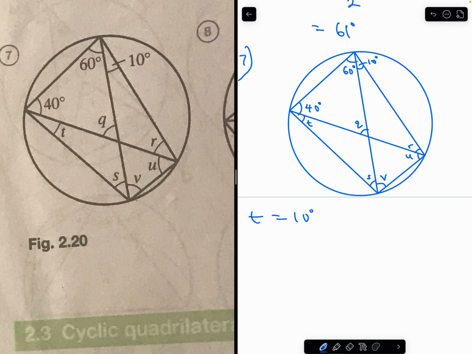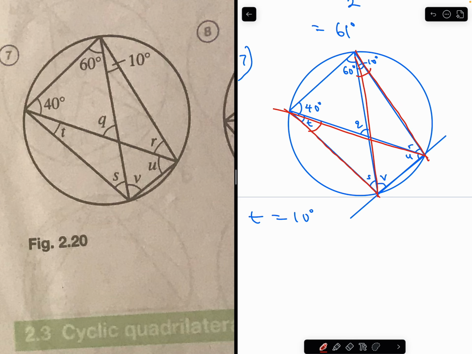Let's say you look at this chord. It divides the circle into two segments, this major segment and this minor segment. You can see that these two lines meet at the circumference to form an angle, and these two lines also meet at the circumference to form an angle.